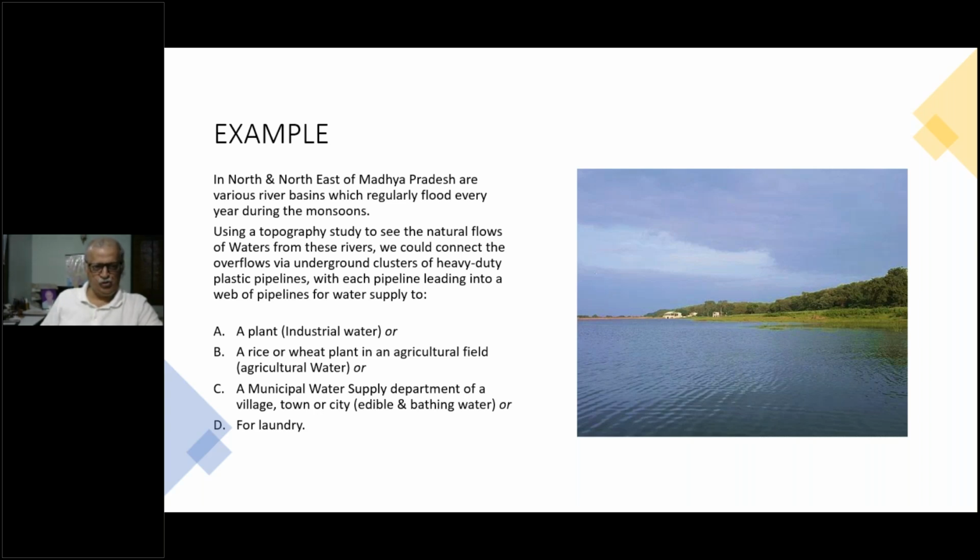So using a topography study to see the natural flows of water from these rivers, we could connect the overflows via underground clusters of heavy-duty plastic pipelines, with each pipeline leading into a web of pipelines for water supply to a plant, a rice or wheat plant in an agricultural field, a municipal water supply department, or for laundry, okay, and other industrial uses.